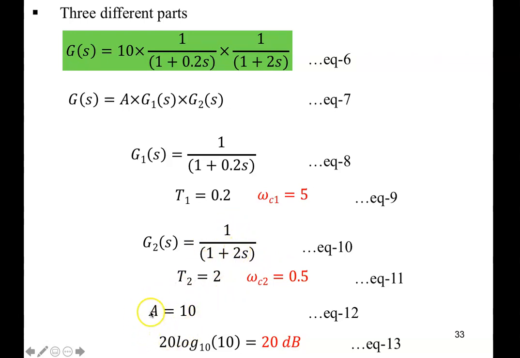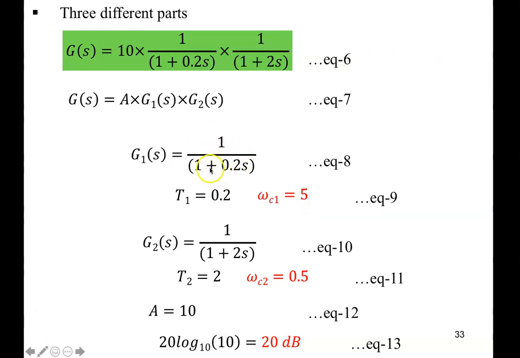And the DC gain is 10, but I need to convert that into decibels. So I'm going to do 20 log 10, which will give me 20 dB. So these are 3 values that I need before I start sketching my Bode plots. Okay, so remember I have omega C1, that's the corner frequency for G1.